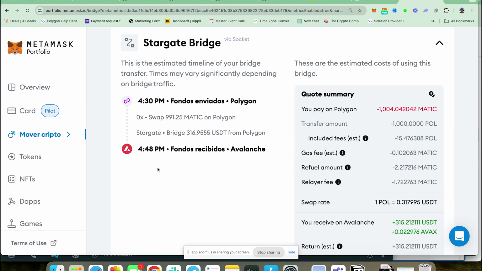So the bridging would take around 20 minutes. Again, this is a big problem. In this case it's okay because I don't care about waiting 20 minutes. But imagine that I'm a trader playing with an asset that can fluctuate a lot in seconds or in a few minutes. This is one of the big pain points that the blockchain industry currently has.